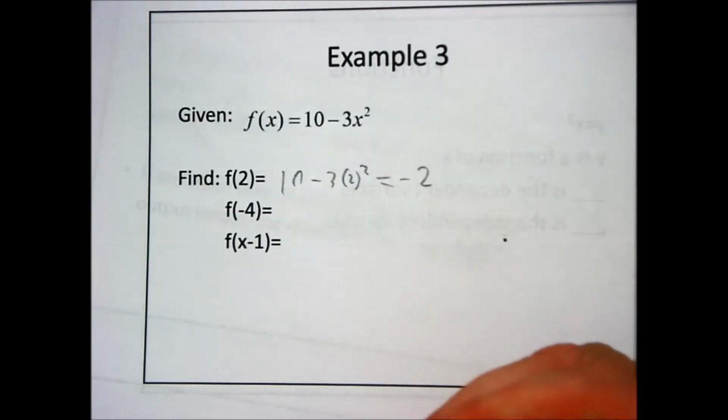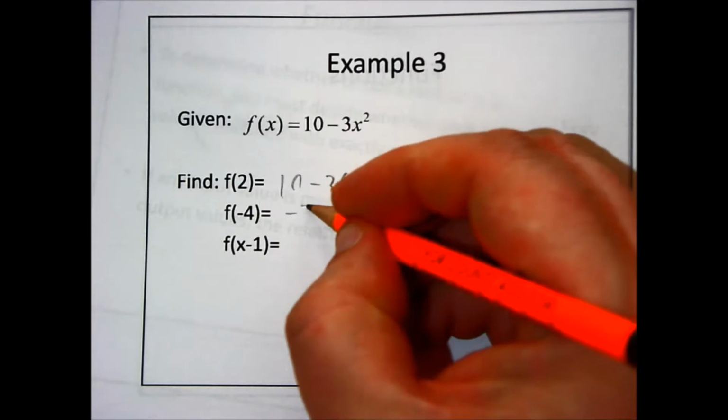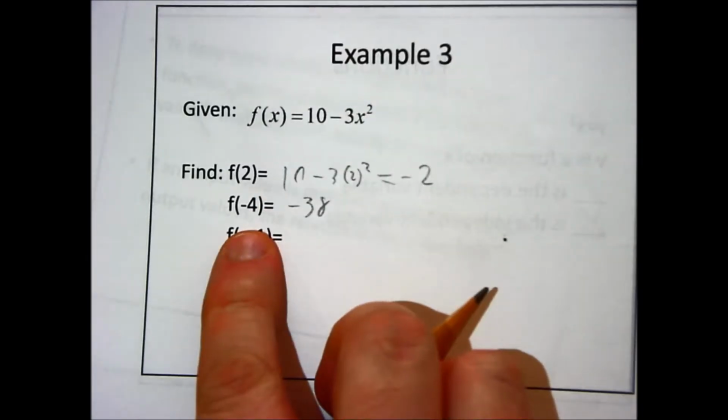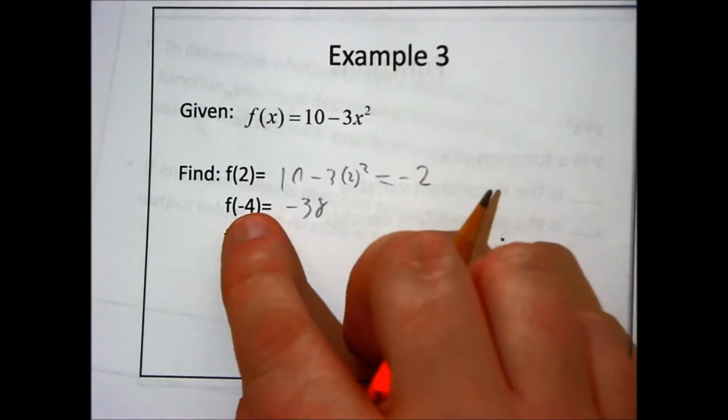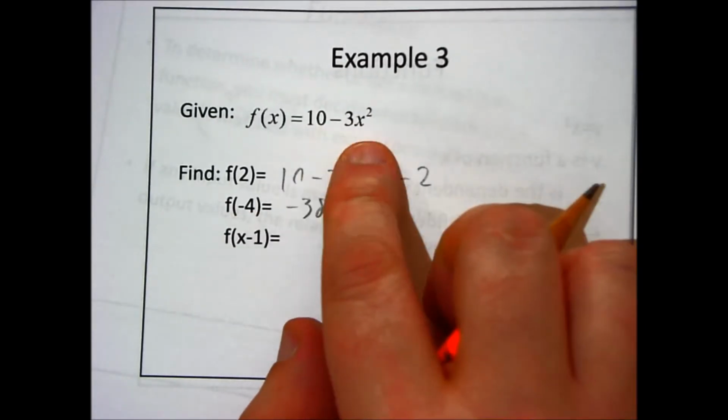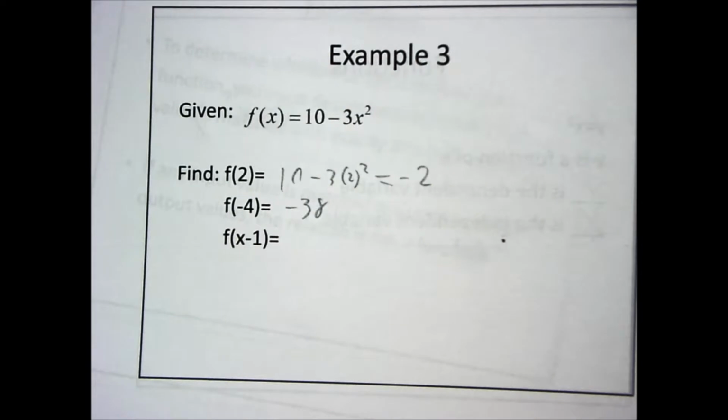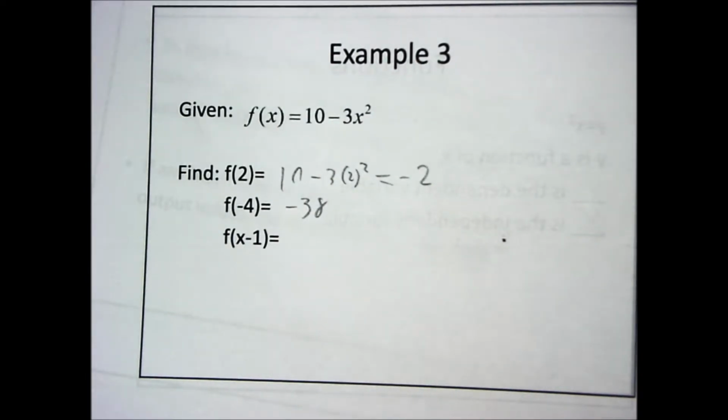F of -4. Yep, -38. This is one where it's easy to screw up because when you plug it in, you might accidentally keep the negative sign. So be careful on that. The negative flips to a positive, and then the -3 times positive 16 gives you -48. 10 minus -48, -38. So be a little careful with those.